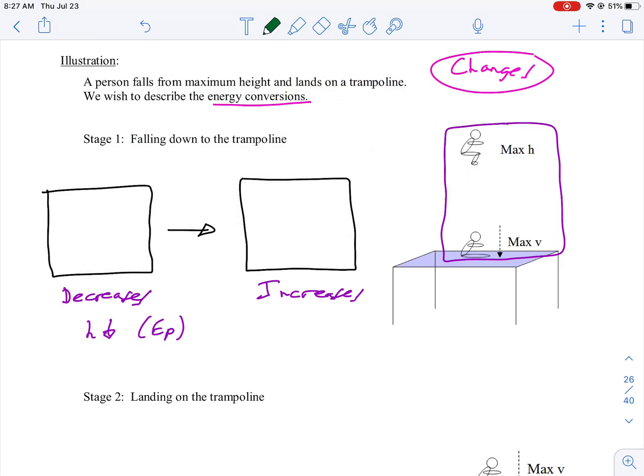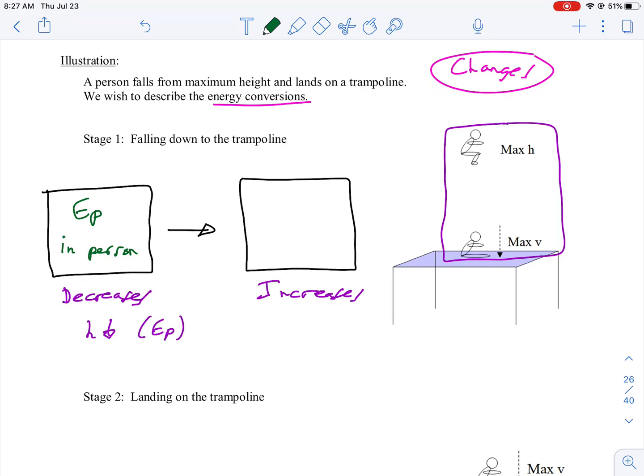So this would be potential energy. And then you have to be aware, remember that's energy, and also to figure out what object has it. And this would be potential energy in the person. So the person has potential energy at the start, but that's the energy that is decreasing as a person falls down.